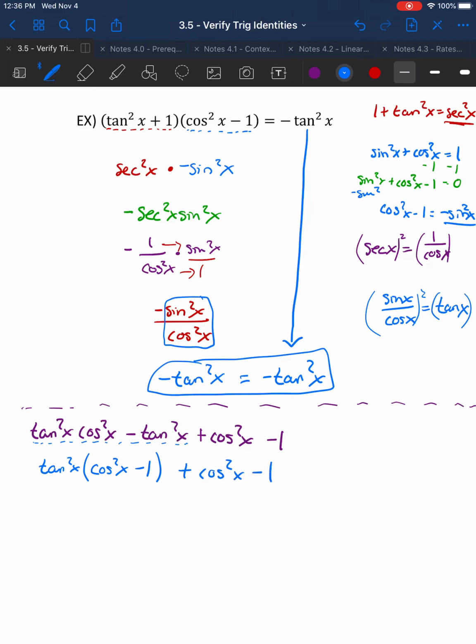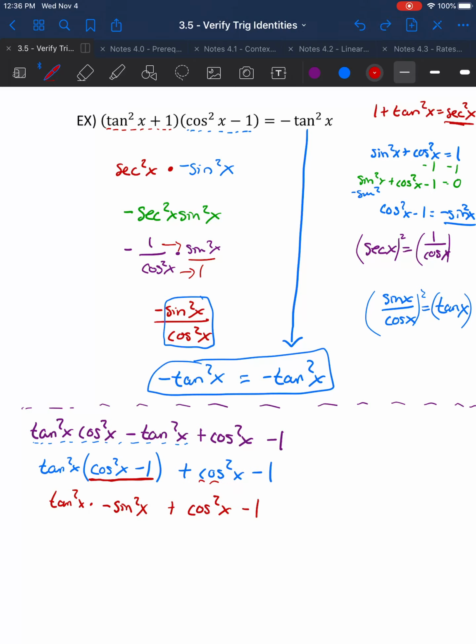And then I still have all this business plus cosine squared minus 1. All right. There's identities, and I've already used it once. Okay, so I'm not going to rework all of it again. It was up here. Okay, so I know that this is equal to negative sine squared times that tangent squared. And then I still have my plus cosine squared minus 1.